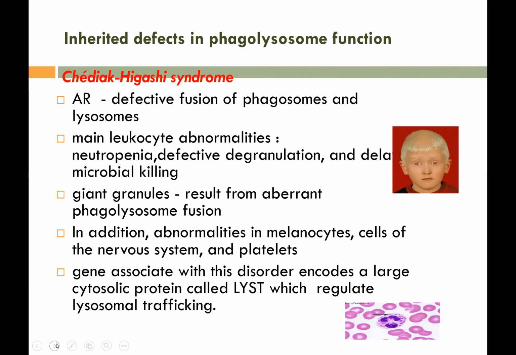So, when you assay the CBC of your patient, you are expecting neutropenia. When you look at the peripheral blood smear, you would expect to have giant granules. And usually, this is accompanied by problems in melanocytes, so that usually they are albinos, as you can see in the image.